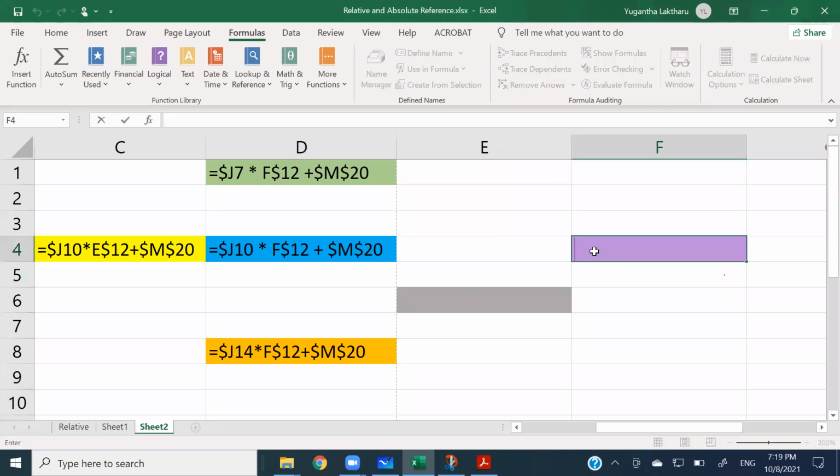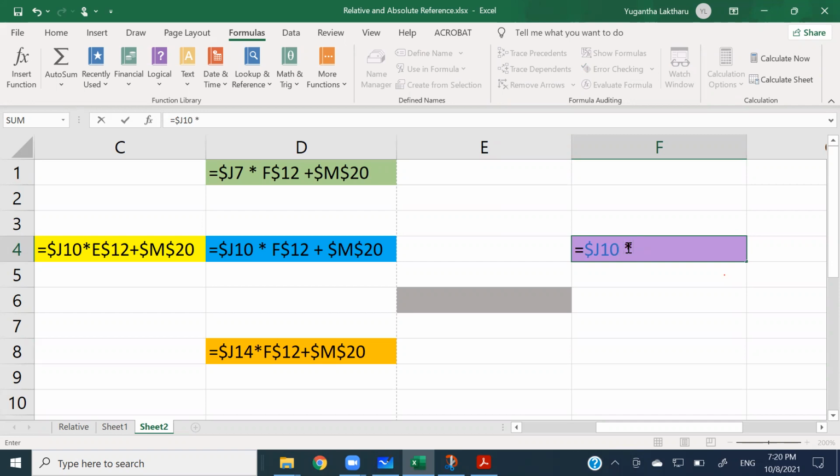So here, as usual, equal sign will be there. $J comes as it is. Does the number change? No, because it is in the same row. So 10 is going to become 10. Star, F is going to change, right?